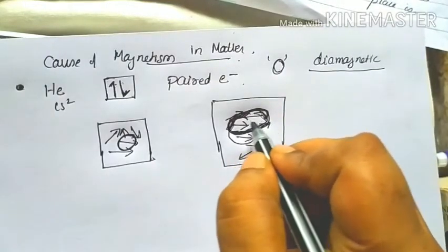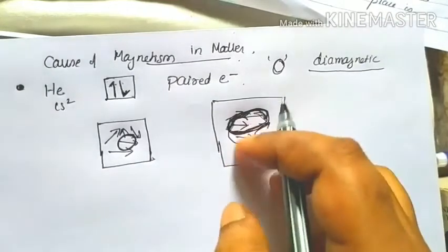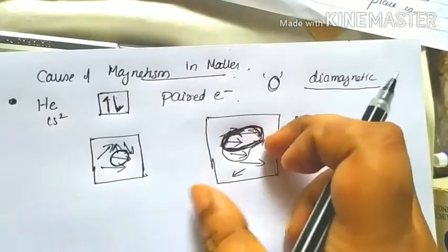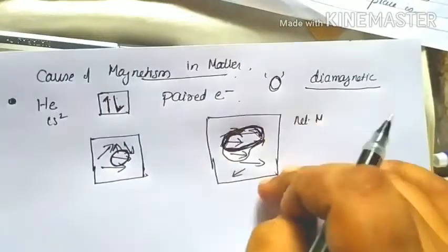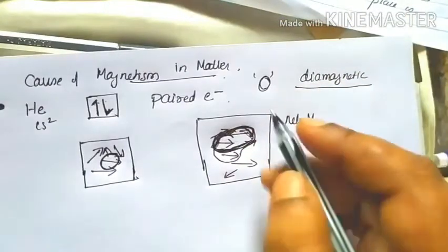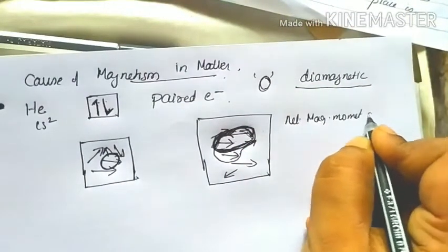One dipole moment is in this direction, another is in this direction, so that the dipole moments cancel out. So the net magnetic moment in the ideal case, when the ferro or paramagnetic material is kept without any energy source, just kept as it is, is 0.